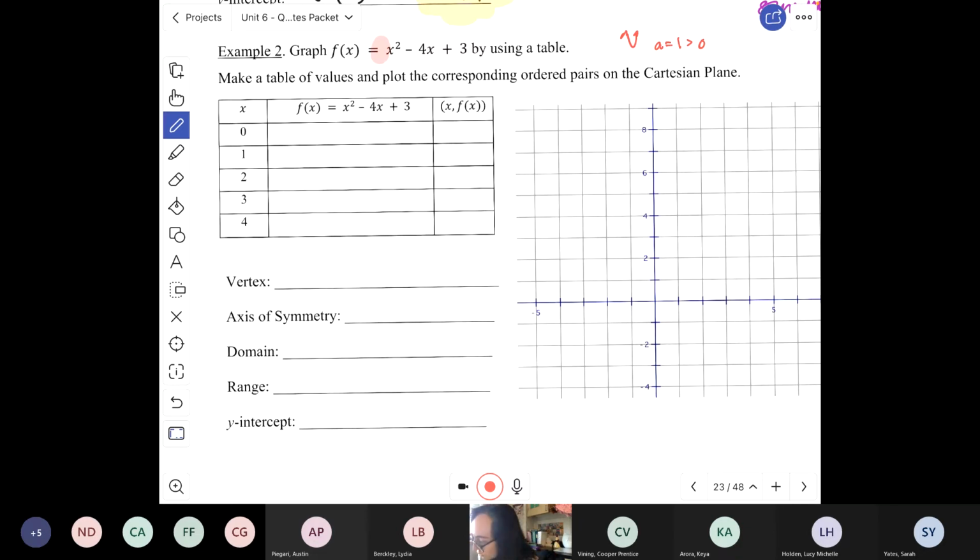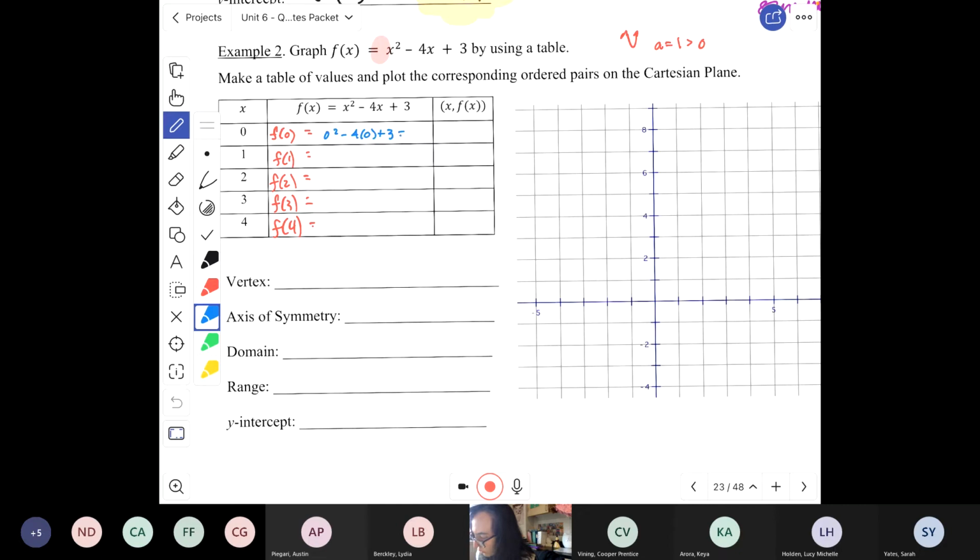So if I substitute in 0 for X, and then 1 for X, and then 2 for X into this equation, let's go ahead and determine what the outputs would be. Substitute in each of these values and tell me what the corresponding outputs are.